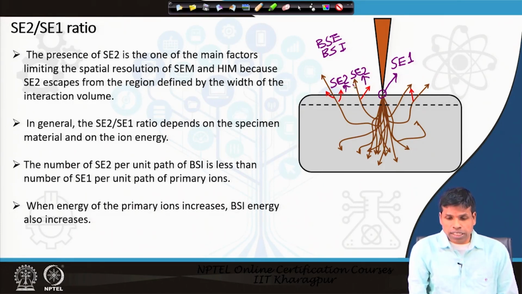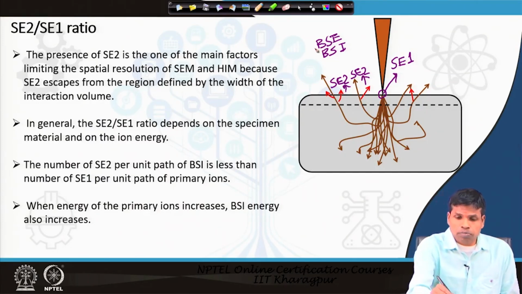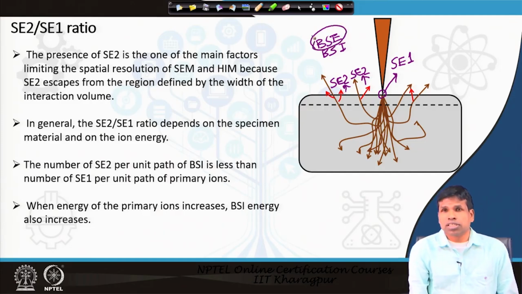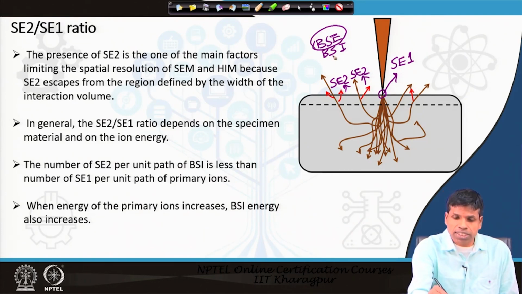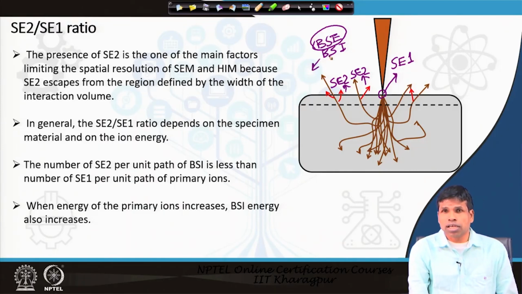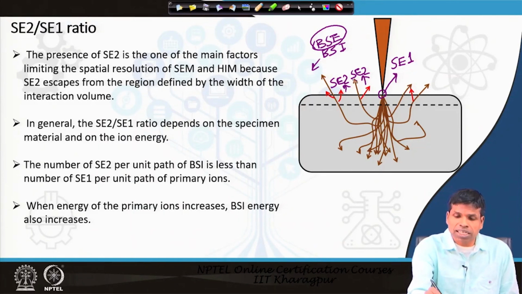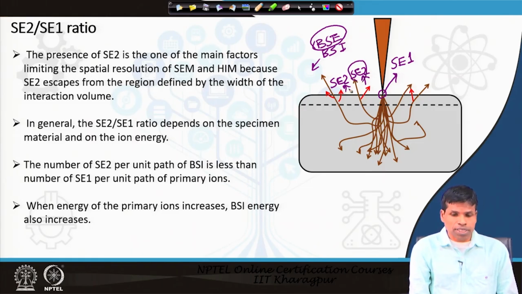In the case of the electron microscope, backscattered electron formation is higher compared to backscattered ion formation in ion microscopy, because fewer backscattered ions form in the helium ion microscope, so fewer backscattered electrons come out from the specimen.